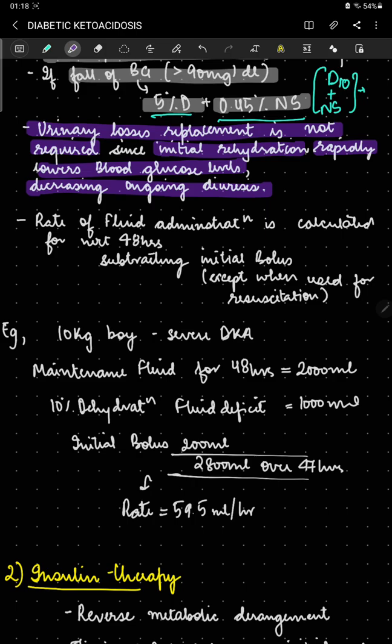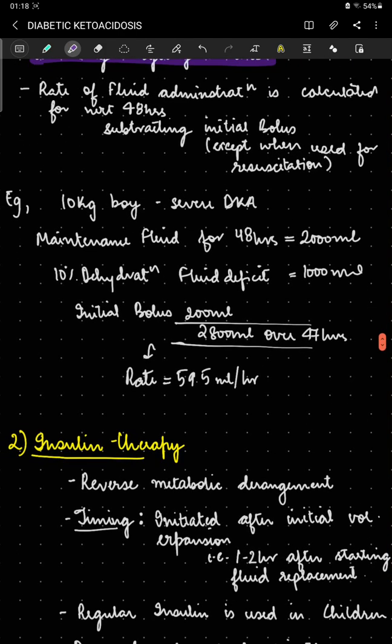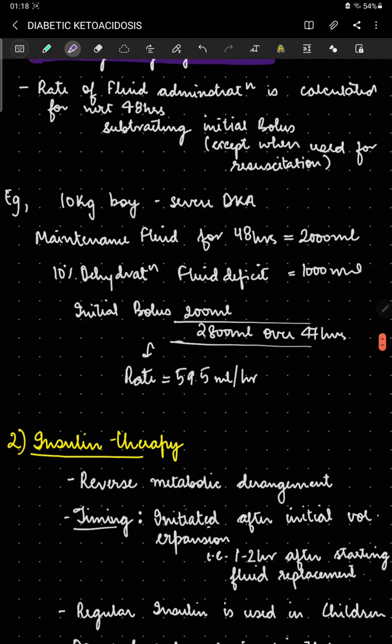So the urinary losses are significantly decreased. Now the rate of fluid administration. This fluid has to be given slowly over a period of 48 hours, and you have to obviously subtract the initial bolus dose, except when boluses were given for resuscitation when the child was in a shock-like condition.